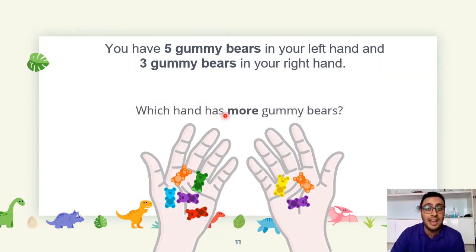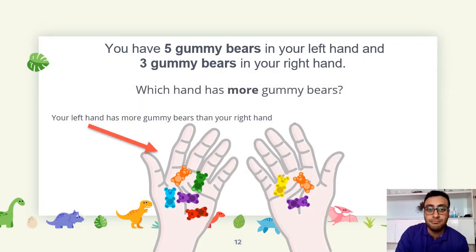Which hand has more gummy bears? We have to ask ourselves. We have 5 and we have 3. Which one is a bigger number? So, the answer is easy. Your left hand has more gummy bears than your right hand because we have 5 here and here we have only 3.